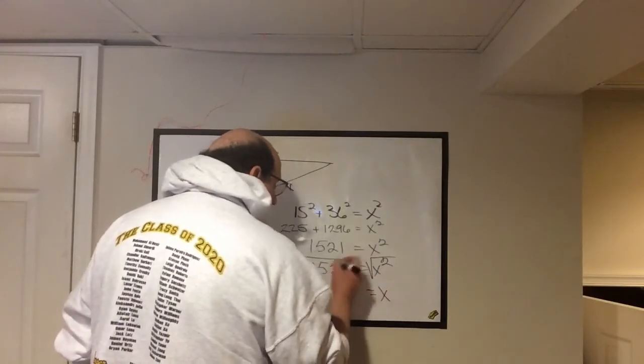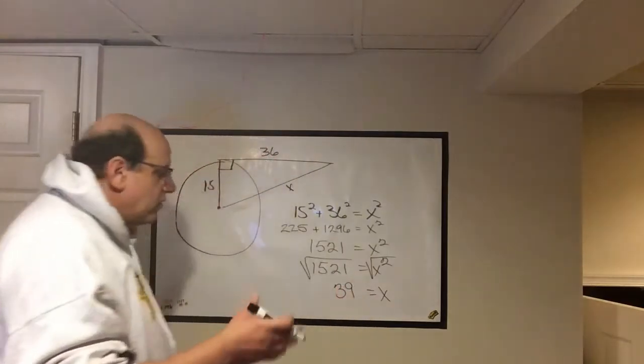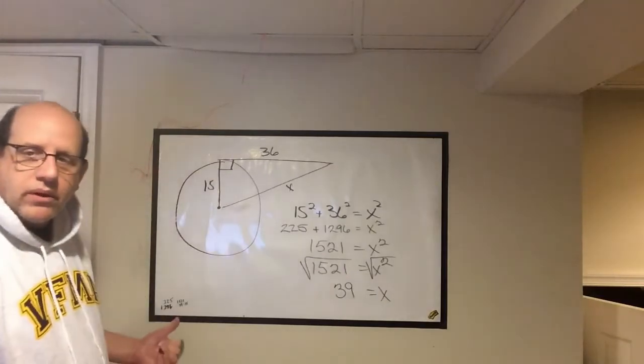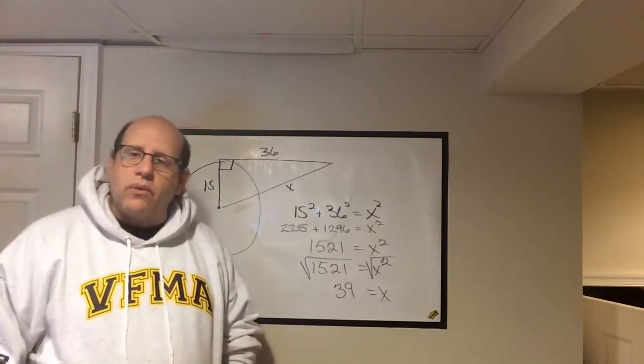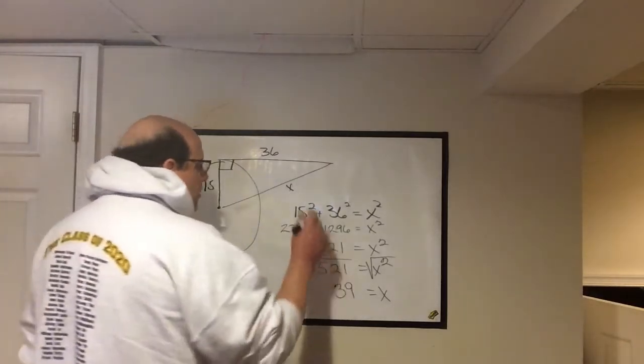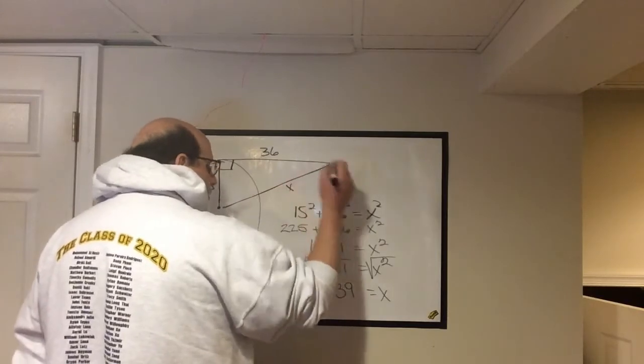Now x equals, believe it or not, 39. Okay, so 39 squared is 1521, and I checked it on my calculator. That's why I wrote it here in the corner to remind myself if I needed to. So I found that x, when I was finding the whole hypotenuse here, is 39.